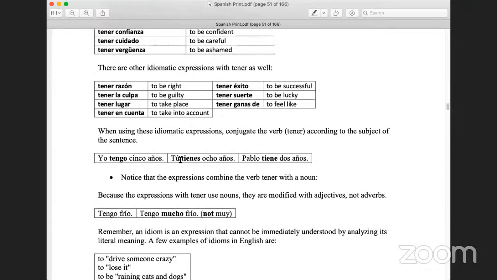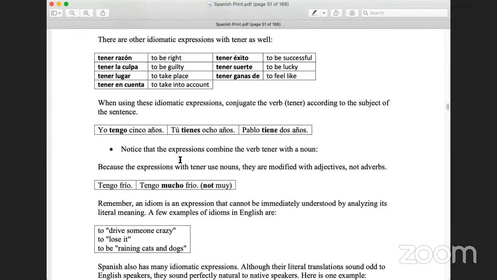When using these idiomatic expressions, conjugate the verb tener according to the subject of the sentence. So yo tengo, okay, we don't need to say yo, that could be omitted. This is for extra emphasis. Yo tengo 5 años. Okay, I have 5 years. Because you gotta know your numbers, 5 is 5. Tú tienes 8 años. You have 8 years.